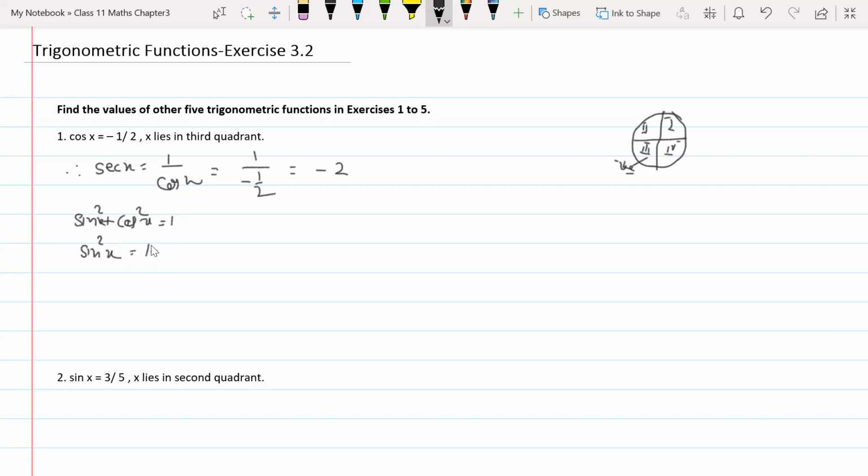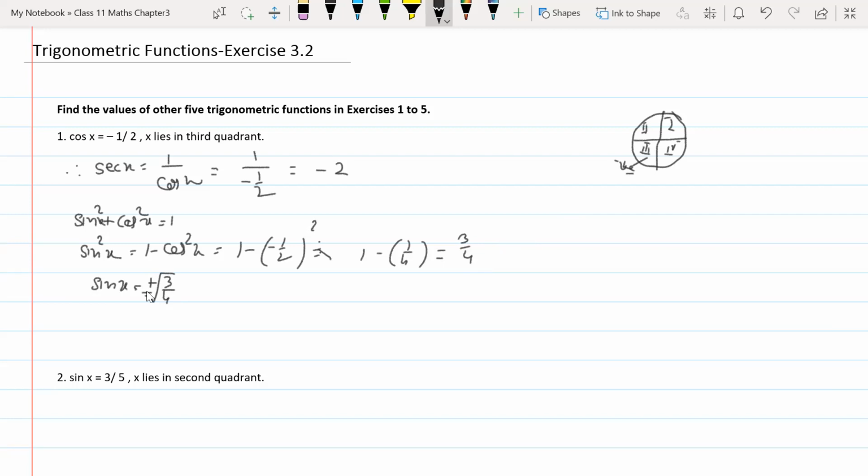Sine square x is 1 minus cos square x, and it is 1 minus 1 by 2 square, which is 1 minus 1 by 4, and it is equal to 3 by 4. Sine x is equal to root 3 by 4, and it could be both positive or negative.